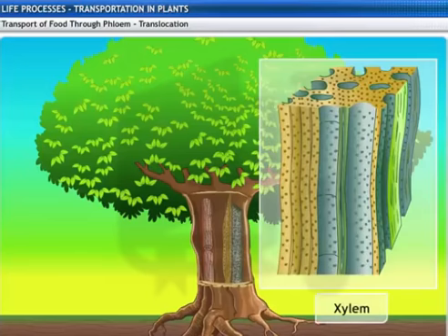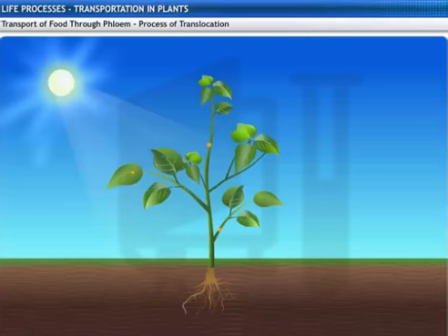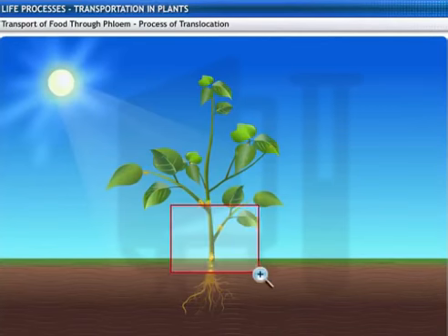Simple physical forces bring about transportation in xylem while translocation in phloem happens by using energy in the form of adenosine triphosphate, ATP. Here's a detailed look at the process of translocation of glucose from the leaves to the roots.